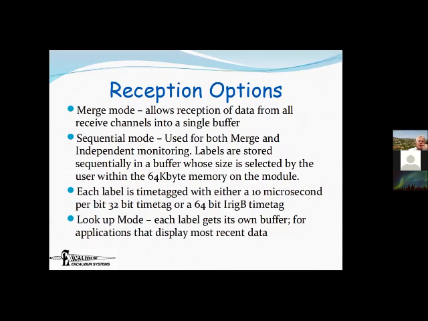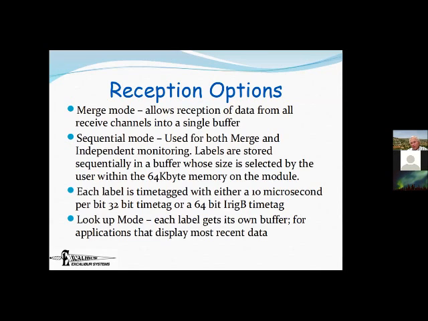I can look at the data in a couple of different ways. The first way is to say, well, listen, I'm thinking of this as a whole. I'm not looking at 8 different devices. I'm looking at the way my airplane operates. And so every time a message comes in from whatever source, any of the 8 buses, I'm going to put it into the same buffer. And in that way, I'll get a picture of the timing and the relationships between data from different data sources. That's one way of doing it.